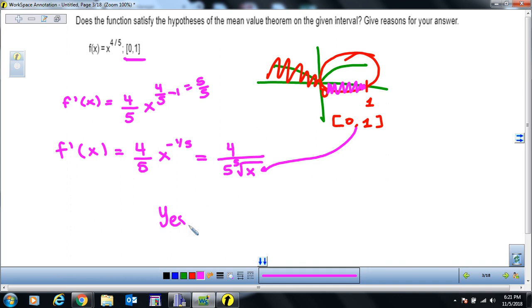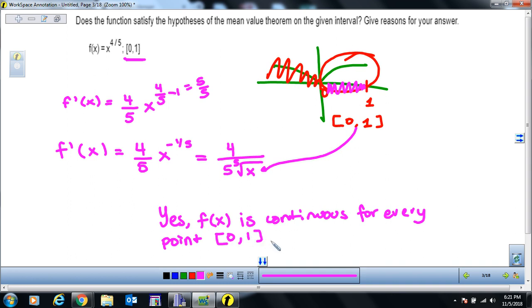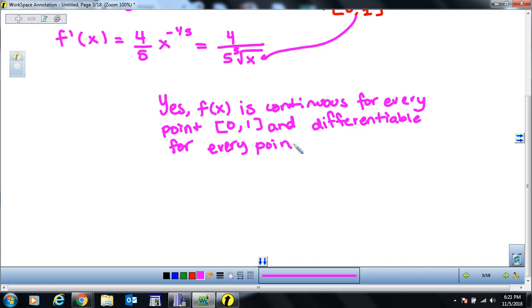Yes, it satisfies the definition of the intermediate value theorem. Yes, f of x is continuous for every point on the closed interval from 0 to 1, and differentiable for every point on the open interval from 0 to 1.